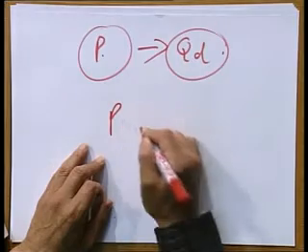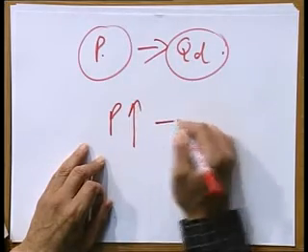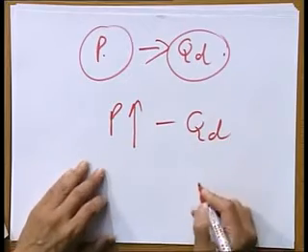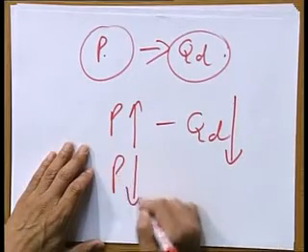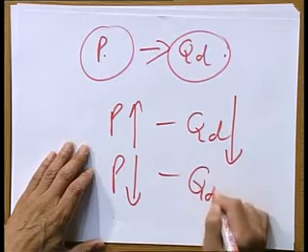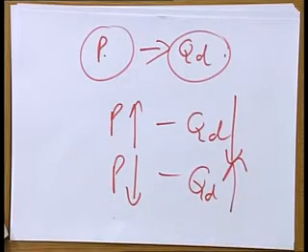Now, based on what we have looked at in chapter 3, the law of demand, we saw that price and quantity demanded are inversely related. So if the price goes up, quantity demanded goes down. If the price goes down, quantity demanded goes up. That is according to the law of demand.